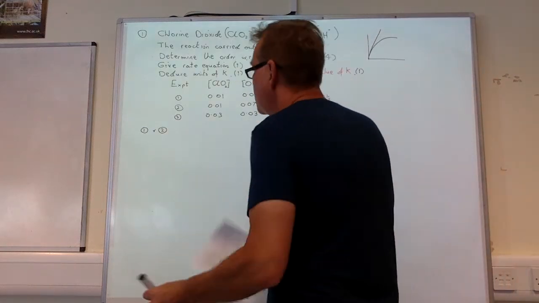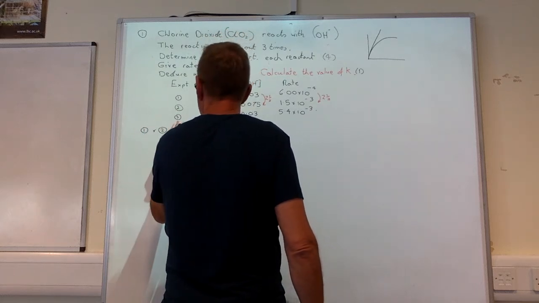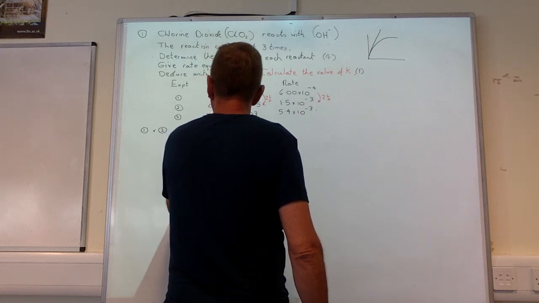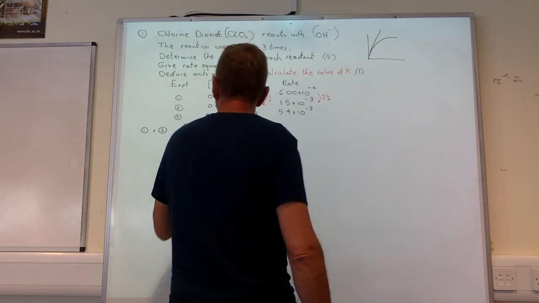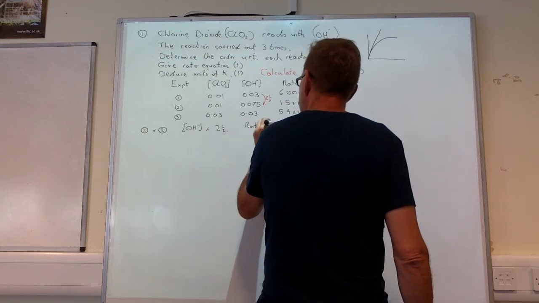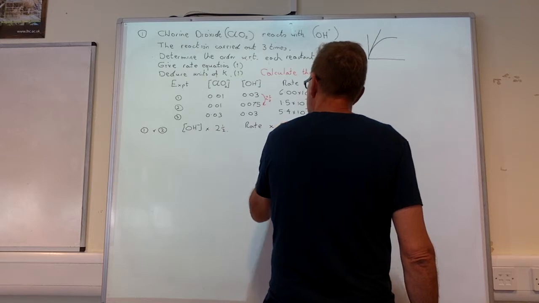But that's not enough in an exam, so you need to put this. Comparing experiment 1 and 2, concentration of the hydroxide ions has gone up 2.5 times. Rate increased 2.5 times.